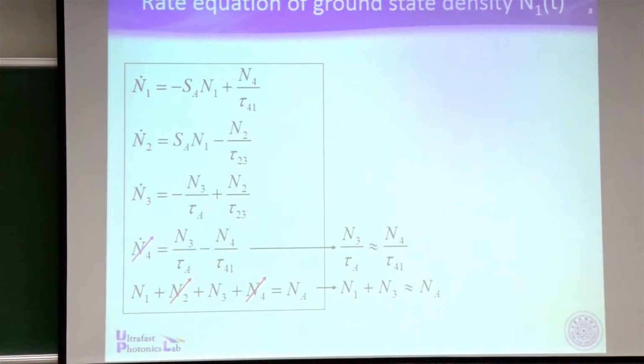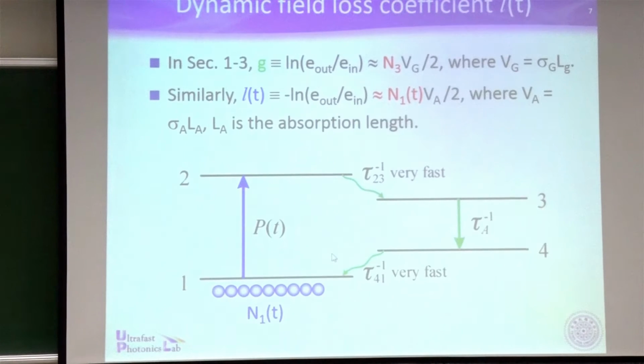Because all the electrons dropping from level 3 to level 4 quickly drop back to ground state. Good. Still, the fast relaxation. So let's go back to the figure here.